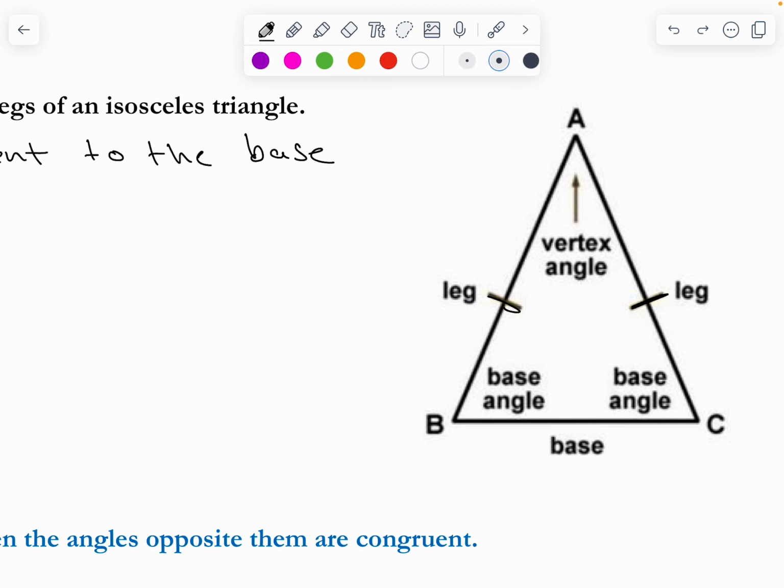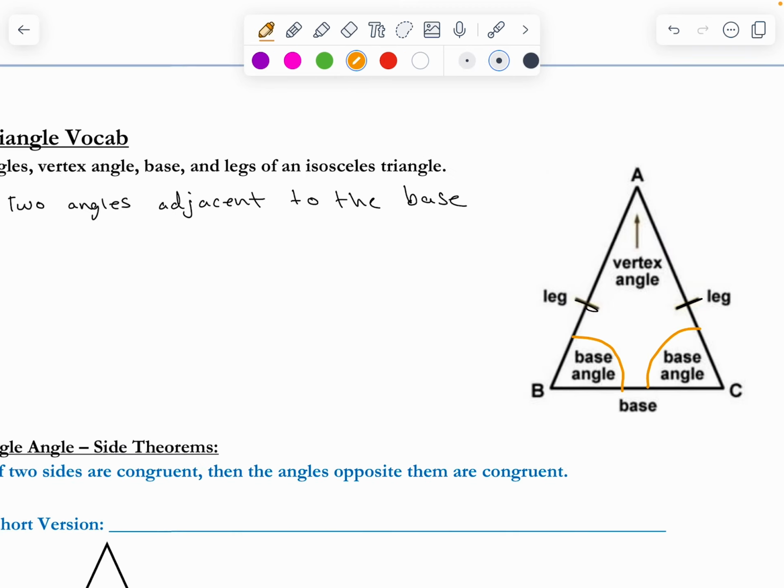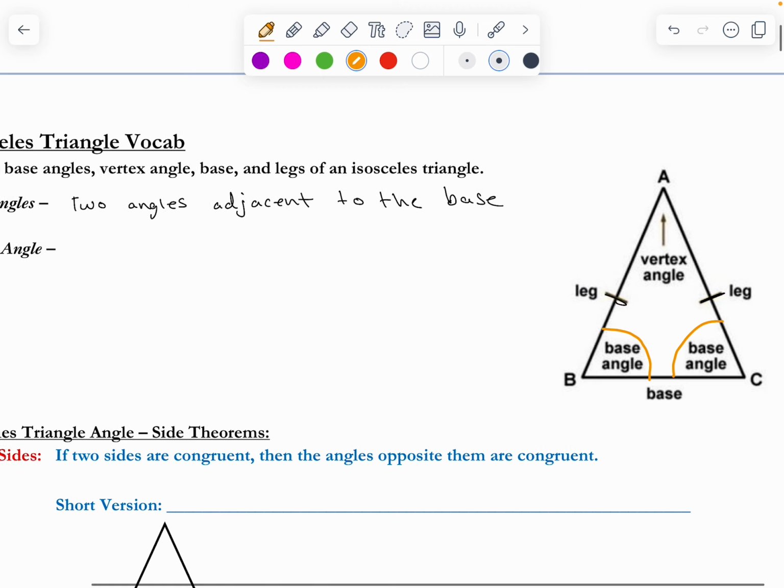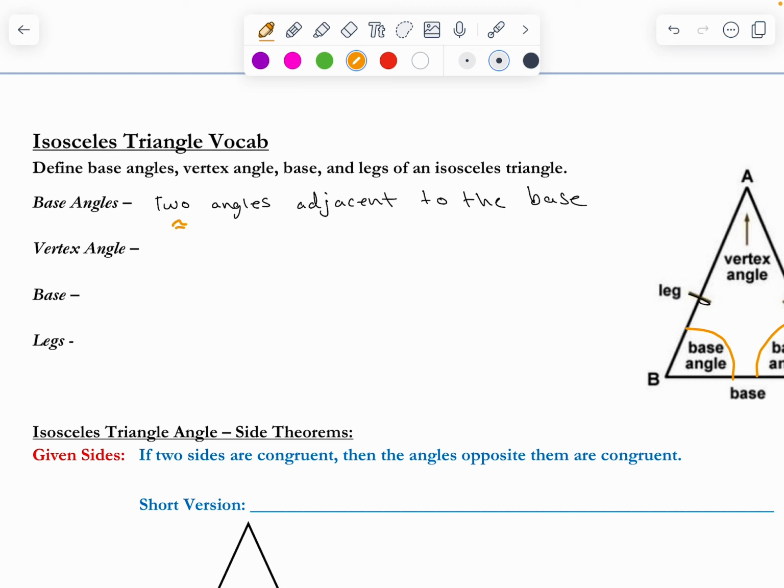Let me change the thickness here. These are going to be adjacent angles. And those are going to be congruent. Let's put it on the side here. Vertex angle is here, right?